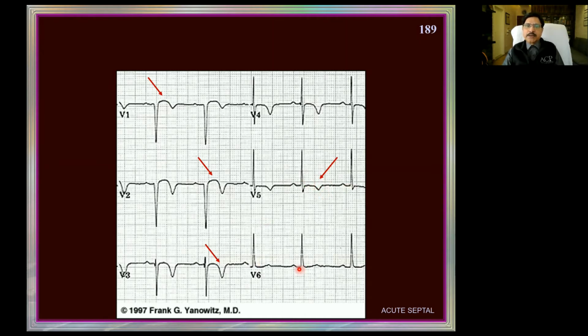So what is the part that is affected? Even this also looks better. So it looks more like the septal leads are affected. V1, V2 and extending a little into V3. Here also symmetric inversion of the T wave and STs are almost normal. So the elevation of ST segment and T inversion in V1 and V2 without the involvement of the lateral leads tells me the infarct is septal infarct.